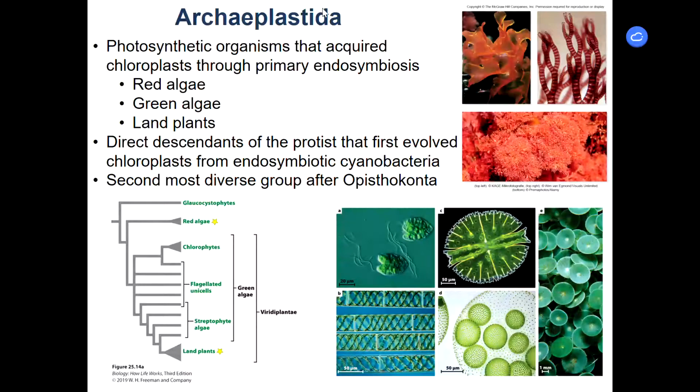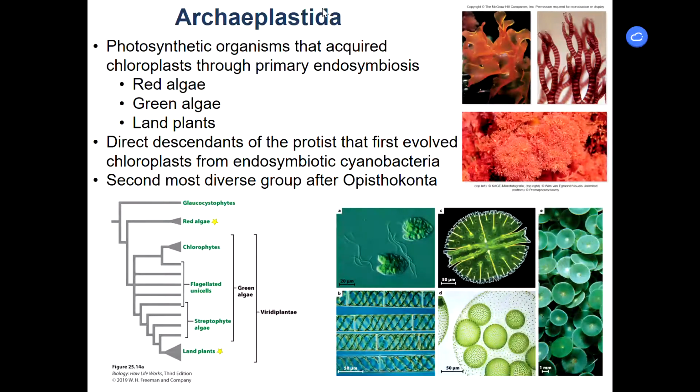The next group are the archaeplastids. These are photosynthetic organisms, so everybody in this group goes through photosynthesis. They all have chloroplasts. We believe that everybody in this group, which includes red algae, green algae, and land plants, acquired their chloroplasts through primary endosymbiosis, and evolutionary biologists believe they are the direct descendants of the protists that first evolved this.